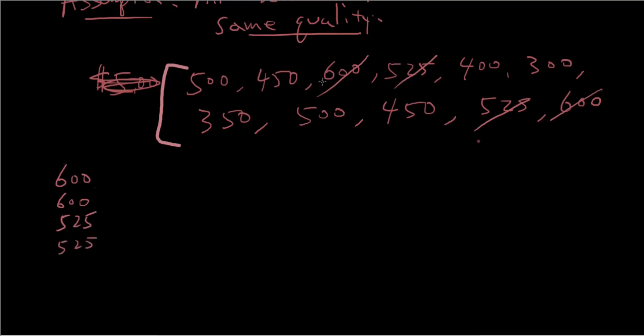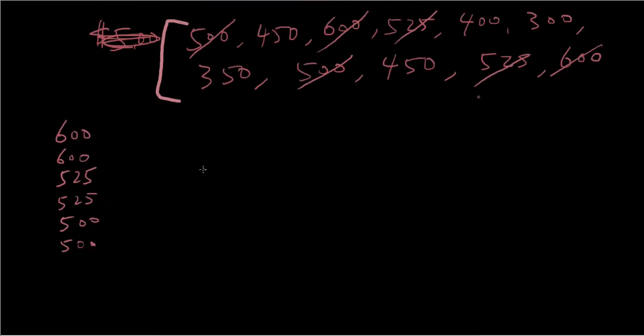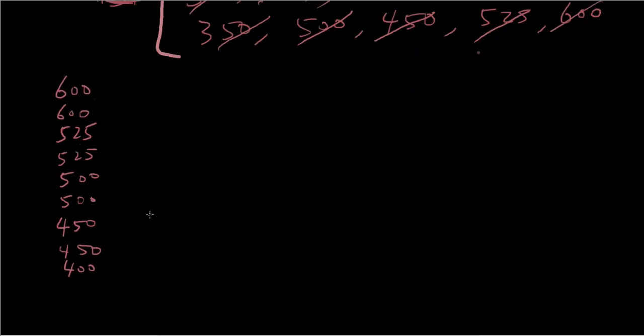And the next one is 500, so 500 and 500. And the next one is 450, there are two of them, 450 and 450, and 400, and then 350 and 300.